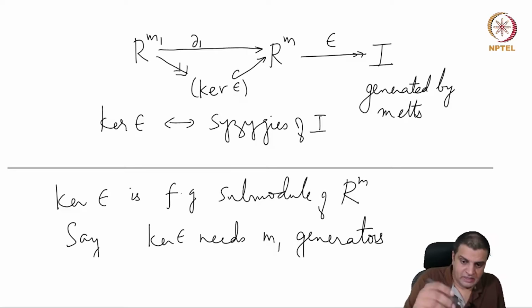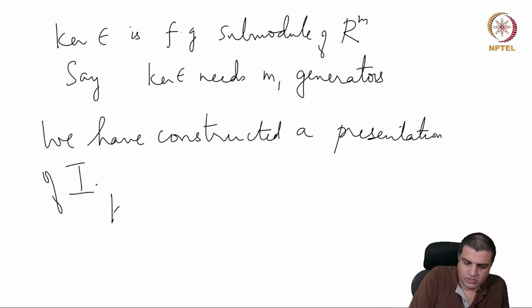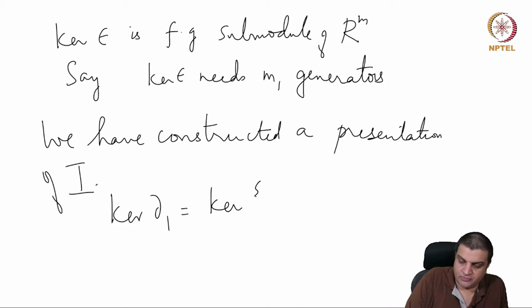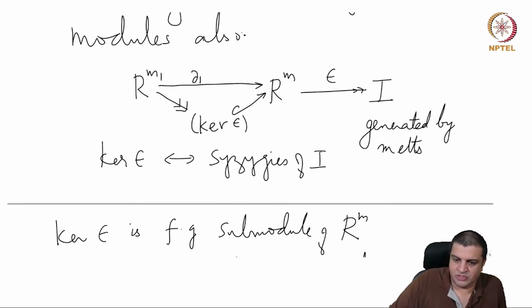Now we can repeat this. This is a surjective map onto its image, and partial 1 is the composite. So the kernel of the surjection from Rm1 to the kernel of epsilon is the same as the kernel of partial 1. That's the way partial 1 was defined.